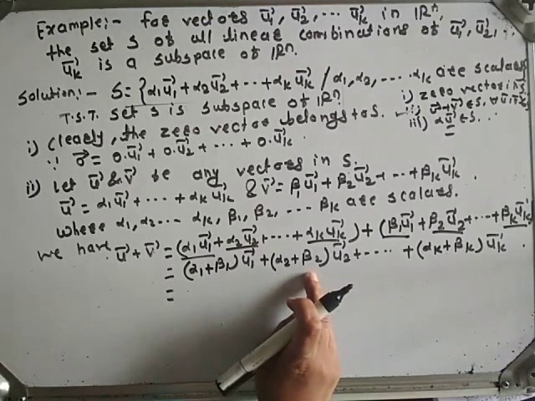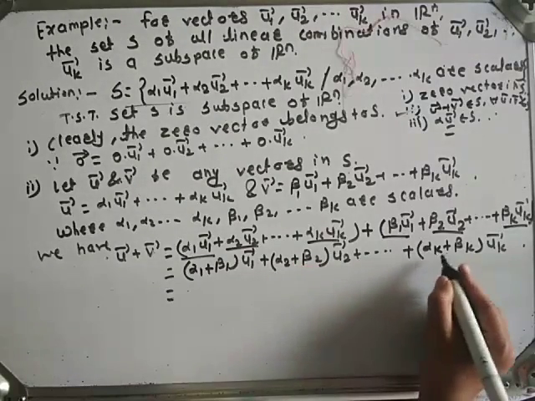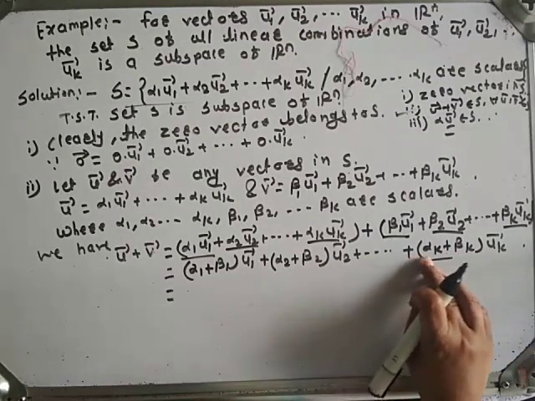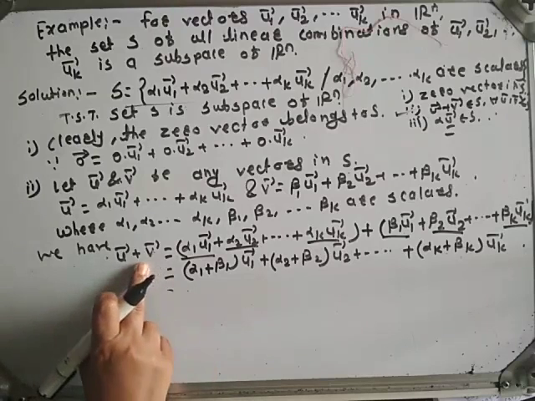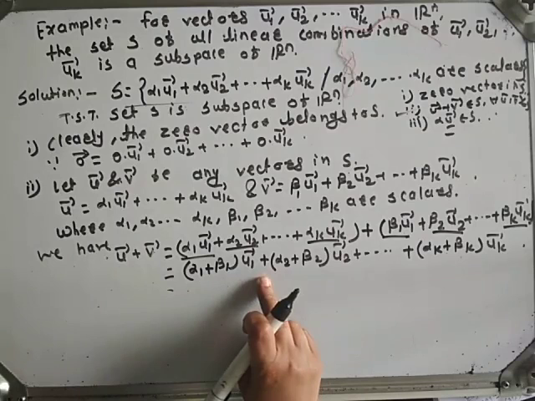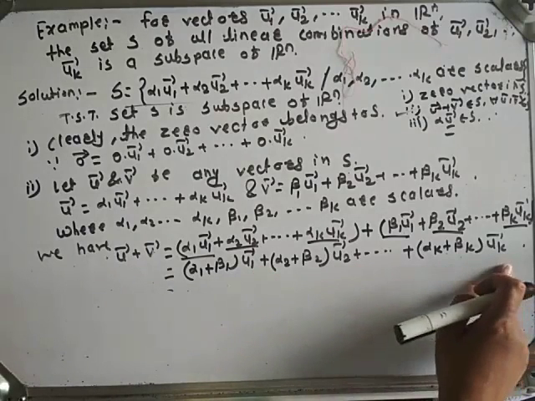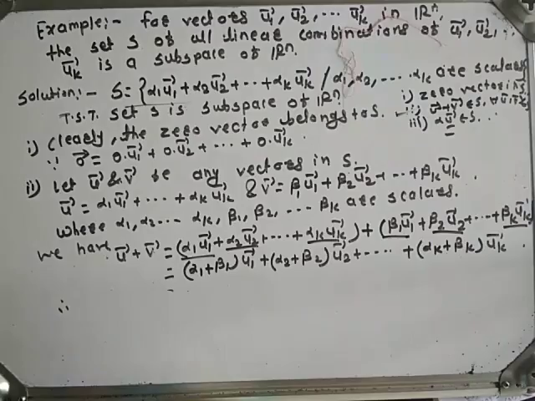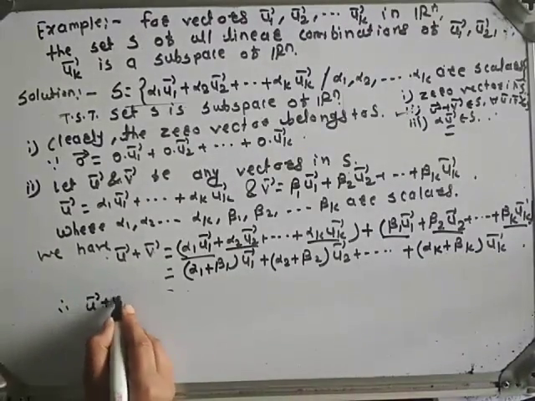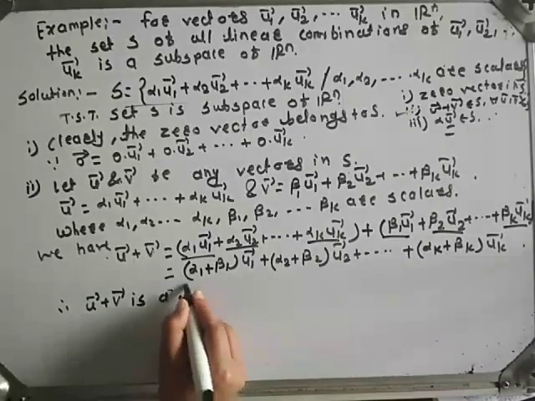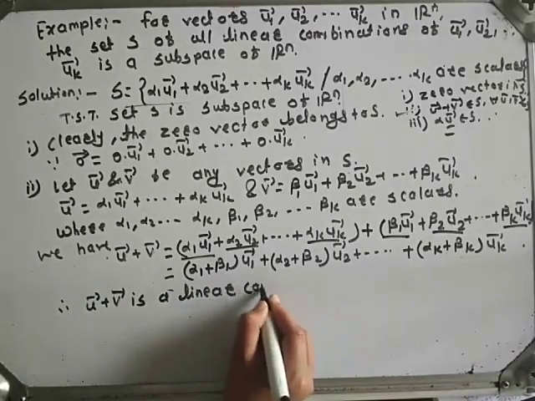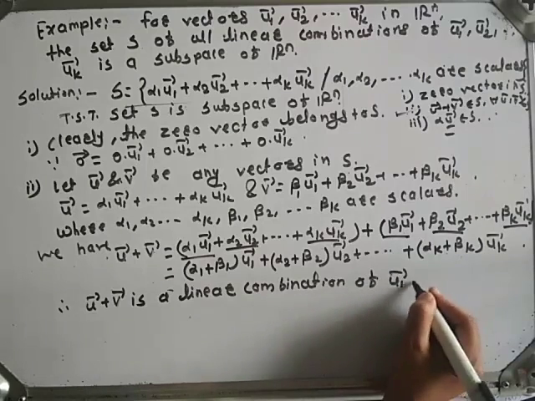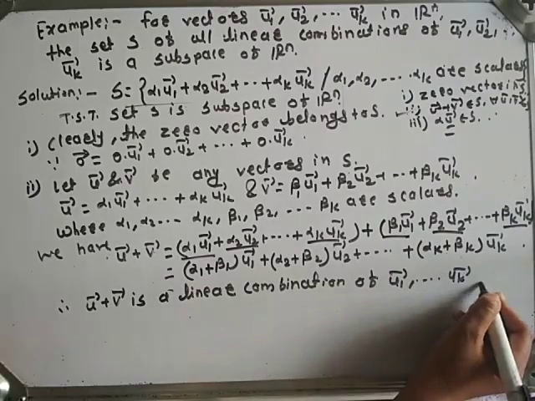Alpha 2 and beta 2 are scalars, so their addition is also a scalar, and so on up to alpha k and beta k are also scalars, so their addition is also a scalar. This means u bar plus v bar can be written as a linear combination of u1 bar, u2 bar and so on up to uk bar.